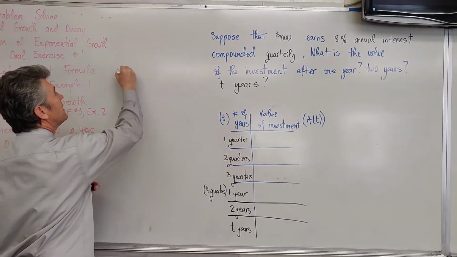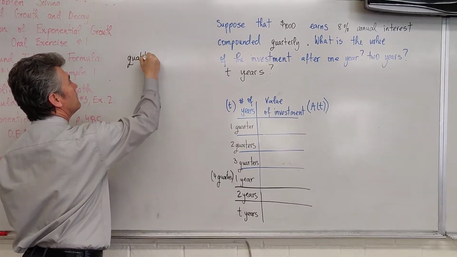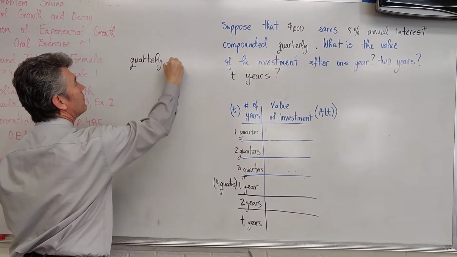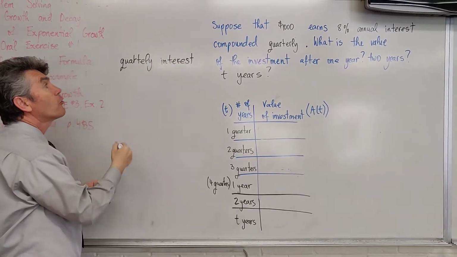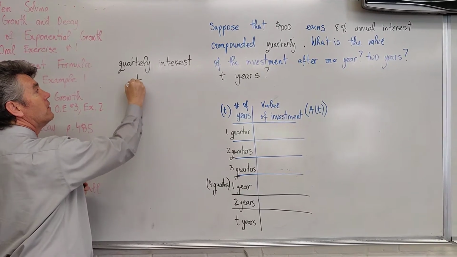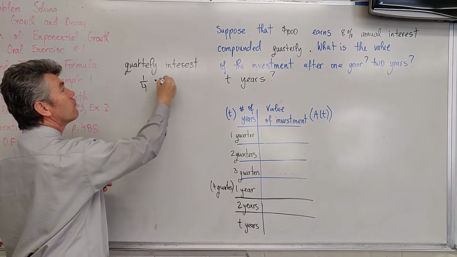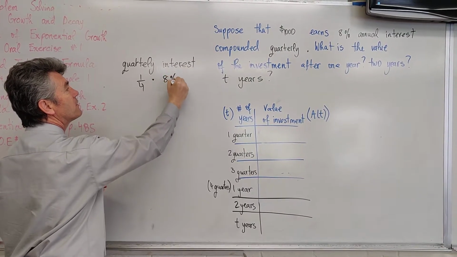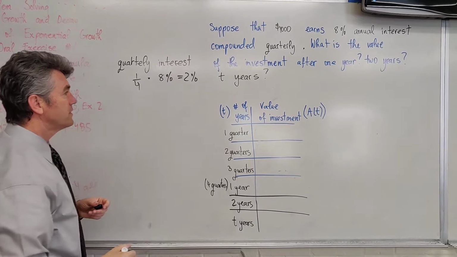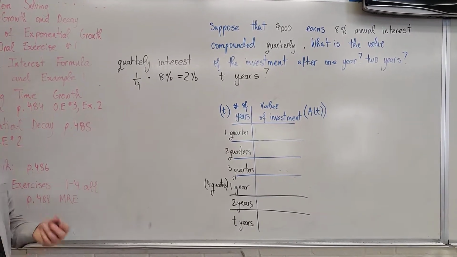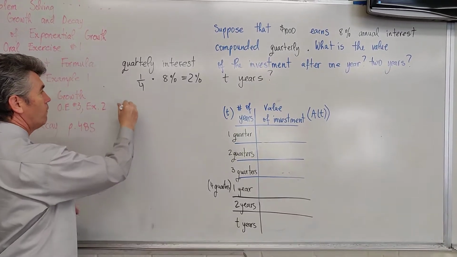So quarterly interest, a quarter is a fourth of a year, so during 1 quarter, the amount of interest that you earn is 1/4 of 8%, so that is just 2%.